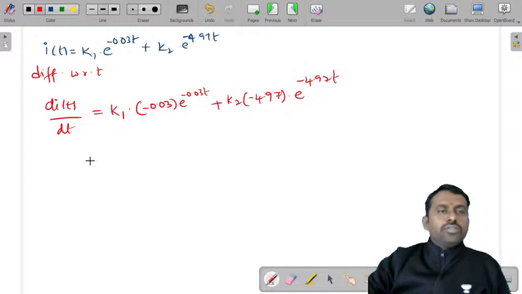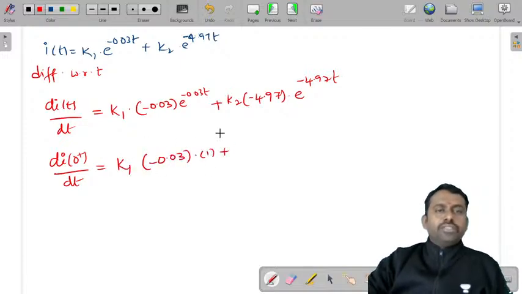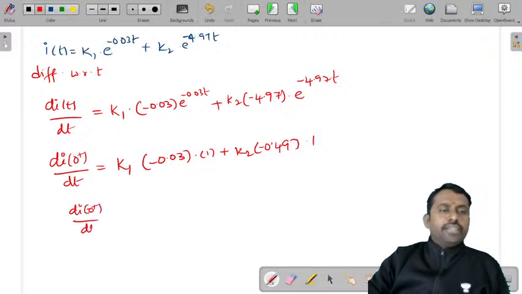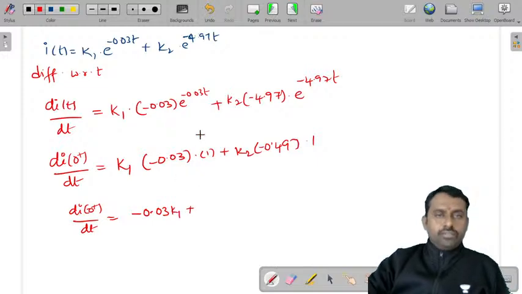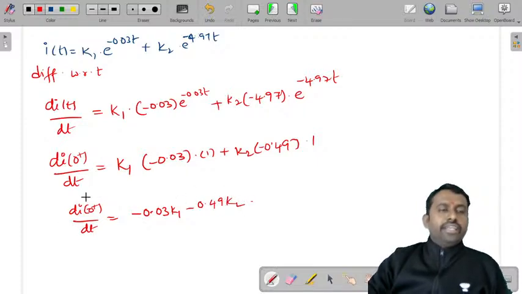So we need to find di of 0 plus by dt at t is equal to 0. This is k1 into minus 0.03 into 1, k2 into minus 4.97 into 1. You'll get di of 0 plus by dt is equal to minus 0.03 k1 minus 4.97 k2.